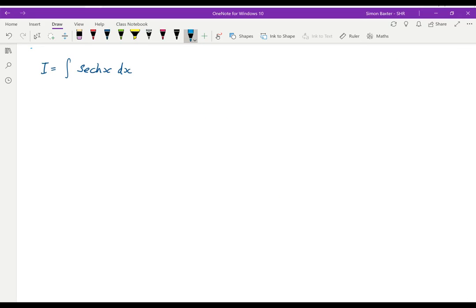Now let's look at the integral of sech x. If we compare that with the integral of sec x, the trick here was to multiply top and bottom by sec x plus tan x. That trick enabled us to look at the denominator. If I differentiate sec x, I get sec x tan x.